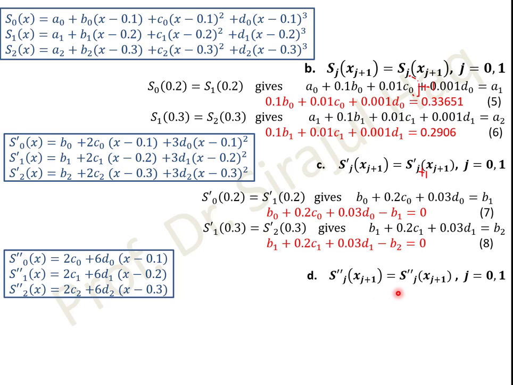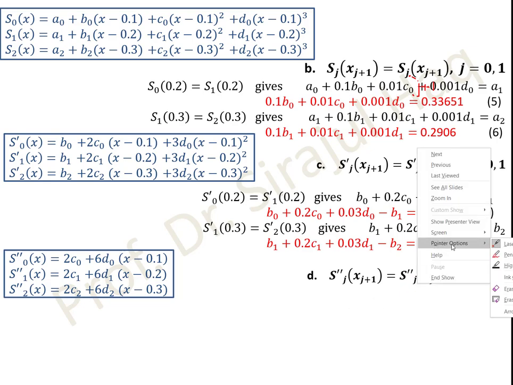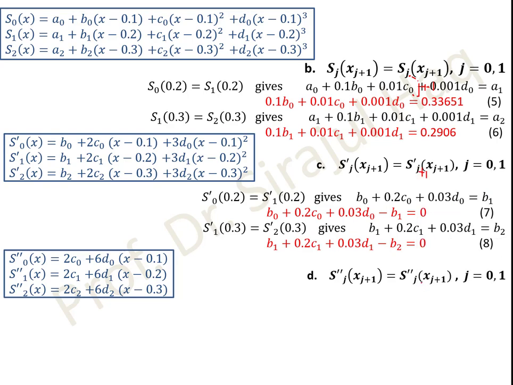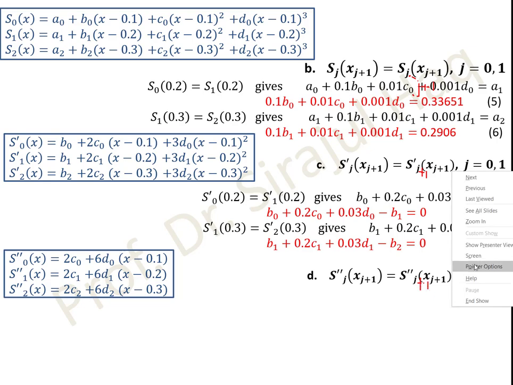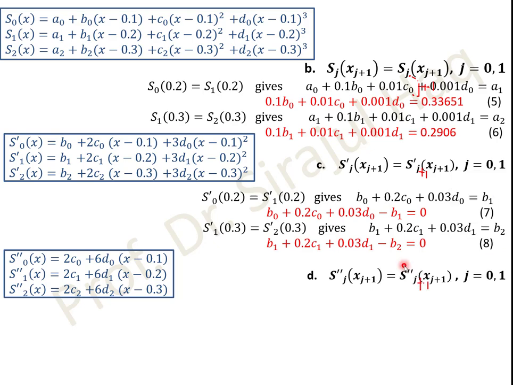When j is equal to 0, again this is j plus 1. Sorry, this is a mistake. At x is equal to 0.2, S0 double prime at 0.2 coincides with S1 double prime at 0.2.